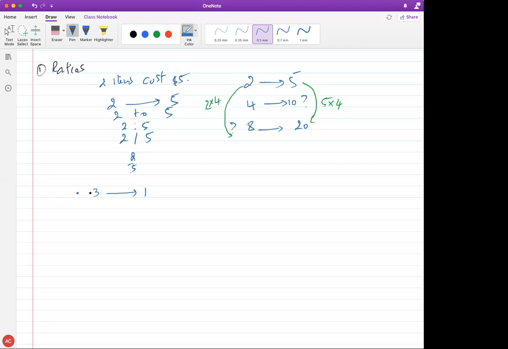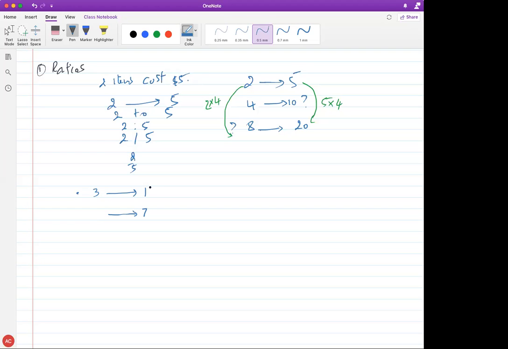So you're having a party, and each person needs 3 slices of pizza per person. Based on the ratio, if you have, let's say, 7 people coming over, then you would know how many slices of pizza you will have.